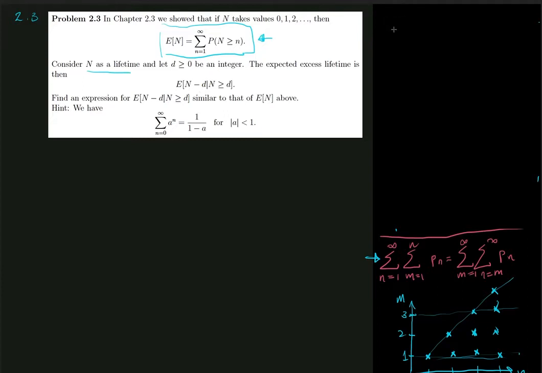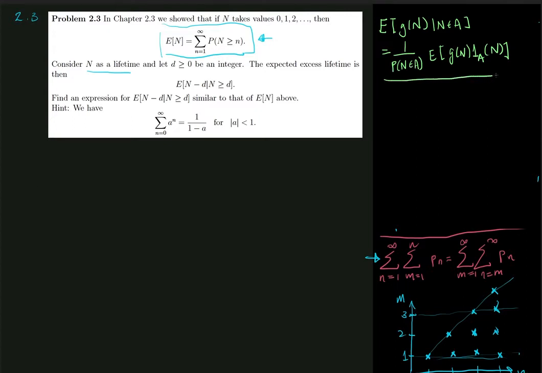So it's a good idea to recall the definition of conditional expectation, where we have from the book that the mean of g of n, given that n belongs to some event A, is equal to 1 over the probability of n belonging to A multiplied by the mean of g of n evaluated on only the set where n belongs to A. That is the definition of conditional expectation.